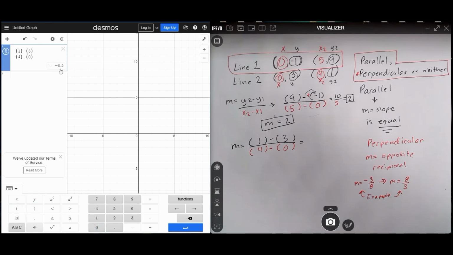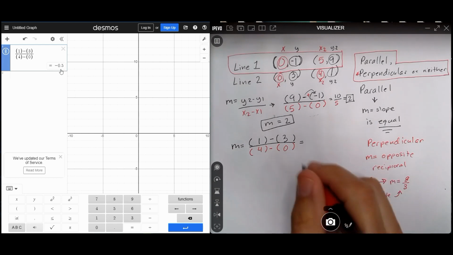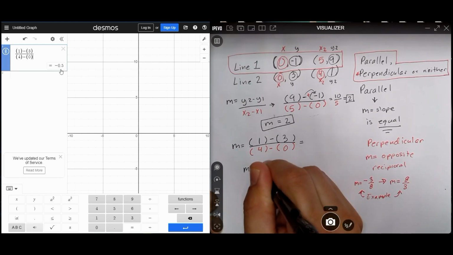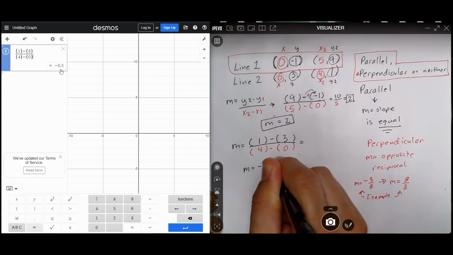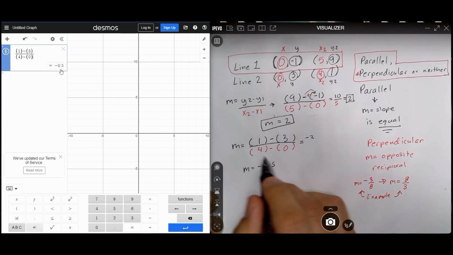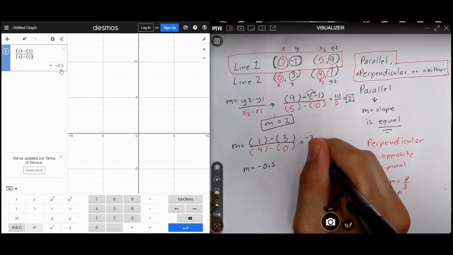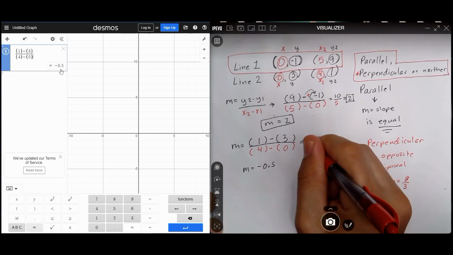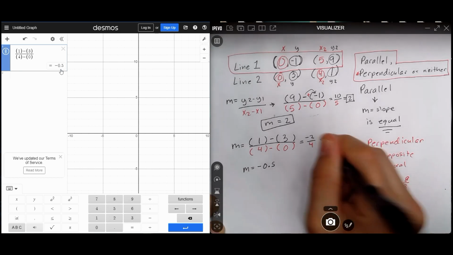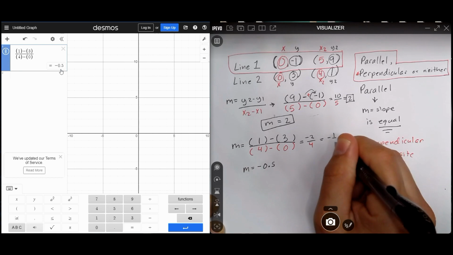And it tells me that it's negative 0.5. So let's go ahead and write m is equal to negative 0.5. So 1 minus 3 gave us negative 2, and 4 minus 0 just left us with positive 4. And that does, if we convert it, just become negative 1/2.